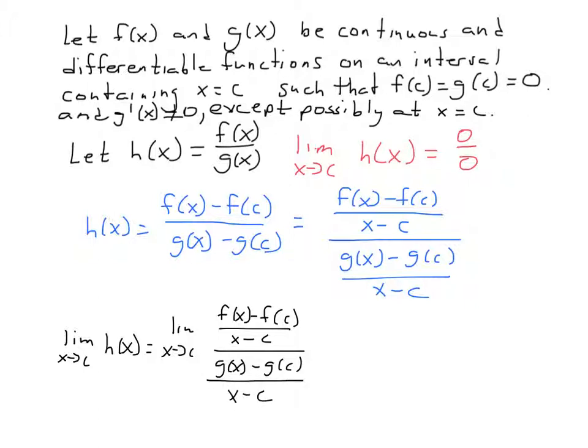And what we saw from the definition of the derivative in the previous slide is that the numerator, right up here, is just f prime of c. And that is going to be g prime of c. So I can say that this is just equal to f prime of c over g prime of c. Or I could say that is equal to the limit as x approaches c of f prime of x over g prime of x.